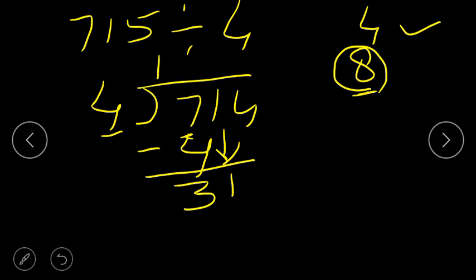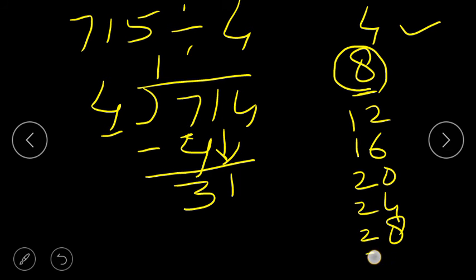Clear? Now again you read the table of 4 till you come near the number 31, but it should not be more than 31. So here we write the table. 4 ones are 4, 4 twos are 8, 4 threes are 12, 4 fours are 16, 4 fives are 20, 4 sixes are 24, 4 sevens are 28, 4 eights are 32.